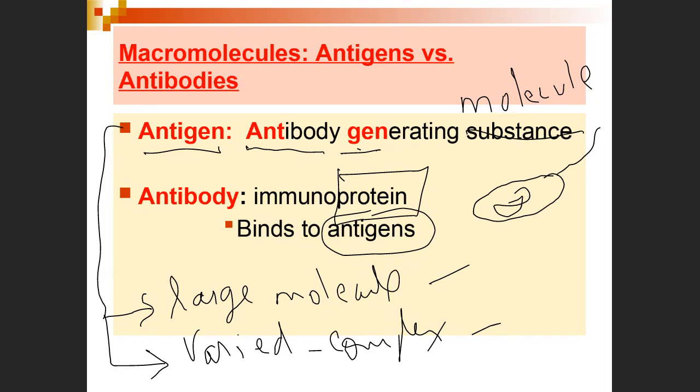Remember that bacterial cells have cell walls. What are the cell walls made of? Are they made of large complex molecules that could be antigenic? If so, is our immune system going to mount an immune response against the cell wall? Could we use cell walls as vaccines? Could we use cell walls in an antigen-antibody reaction to identify the organism?